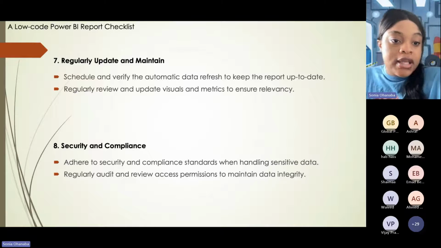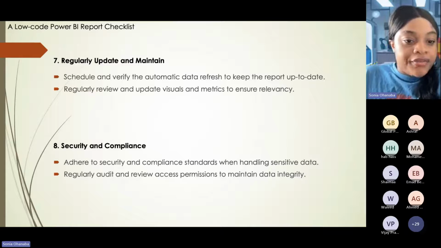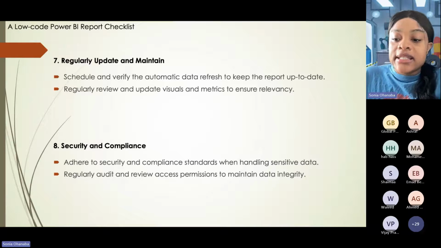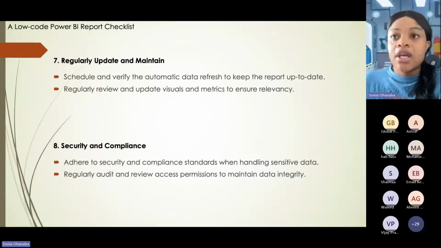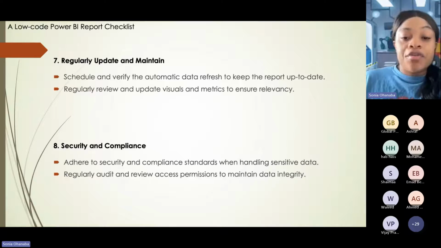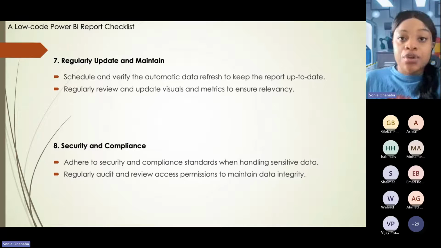Security and compliance is the eighth on the checklist, and the first point is to adhere to security and compliance standards when handling sensitive data. You can do this on the ETL level, on the transform level with Power Query. If you have columns of sensitive data from customers or whatever, you could easily hide those columns if you do not want them represented on the dashboard.